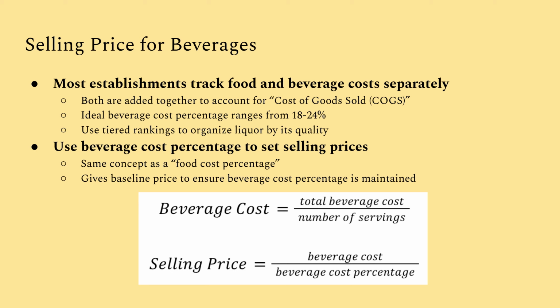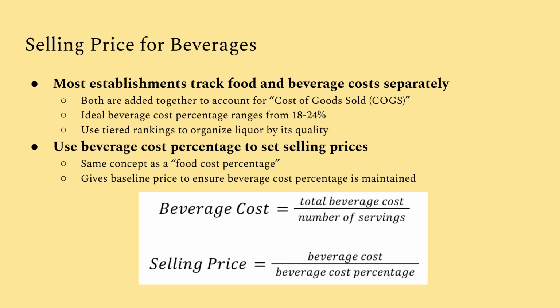Industry standard for beverage costs ranges from 18 to 24%. However, this highly depends on the type of business that you're running and the beverages that you're selling. If you're just beer and wine, you can price differently than a cocktail lounge.